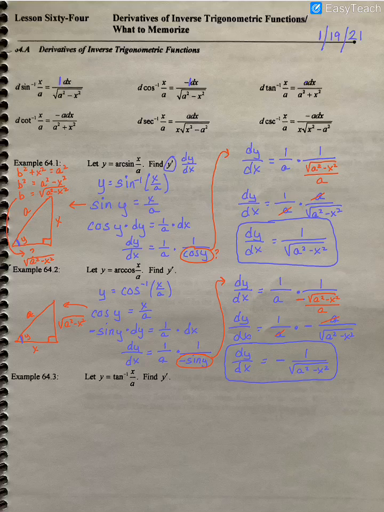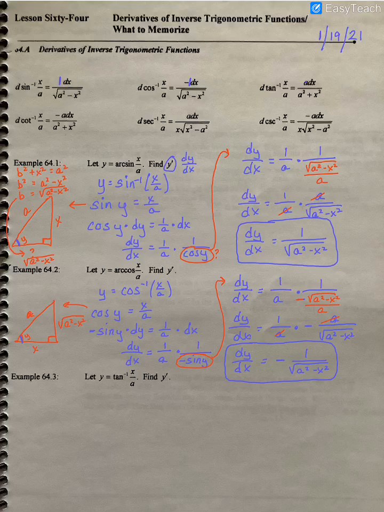Okay, I want to look at one other here, and that is tangent. Very similar setup to last time, just a difference, of course, in how everything works out. It's already written this time as tangent inverse instead of using arc.